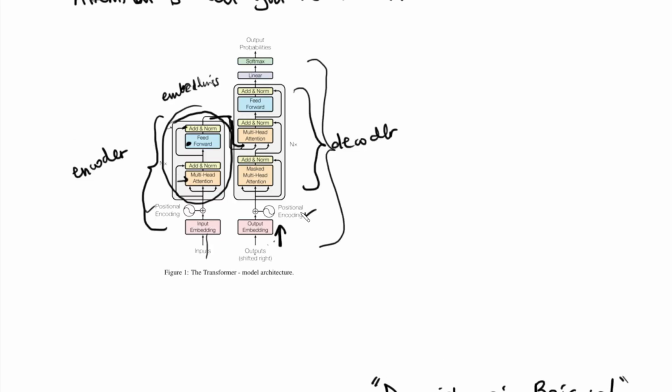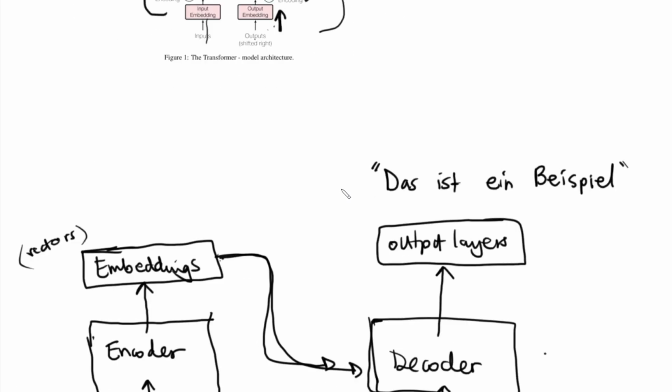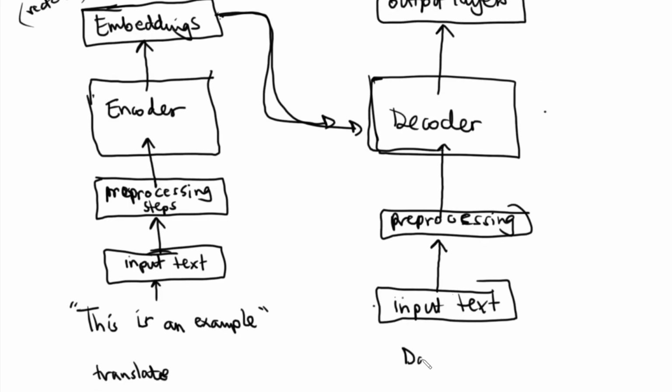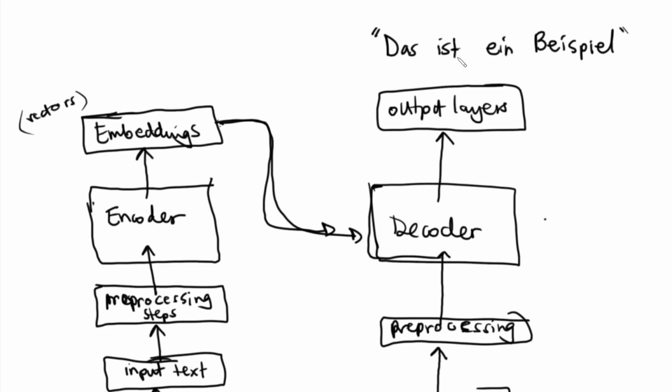Maybe it has already written das. So for the next run, the input text would be das, and then it would decode word by word with ist and b spell. I think that's what it is. I'm sorry, I'm not German, so I can't really pronounce it.